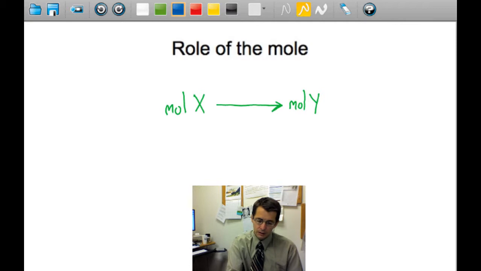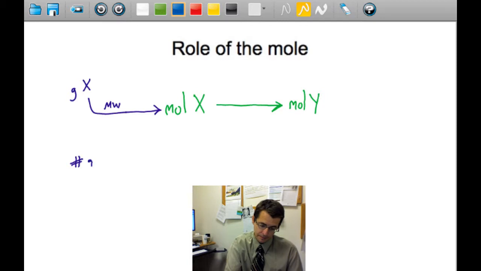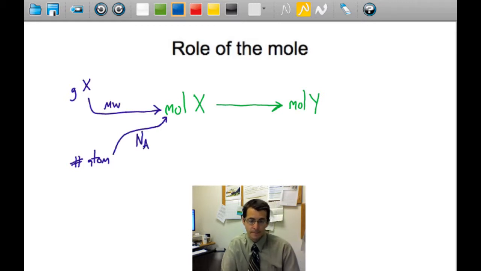But we've learned that we can use the molecular weight to convert grams of some compound into moles. But we can also use numbers of atoms. If we could count atoms, we could use that as well. And this is where Avogadro's number comes in.